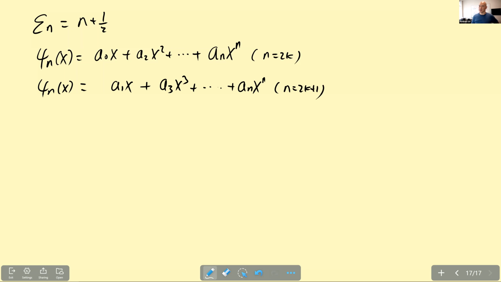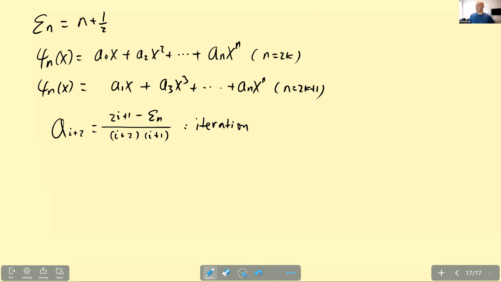And with this iteration, a i plus 2 equals a i times 2i plus 1 minus epsilon m divided by i plus 2 times i plus 1. Okay, this is the iteration.